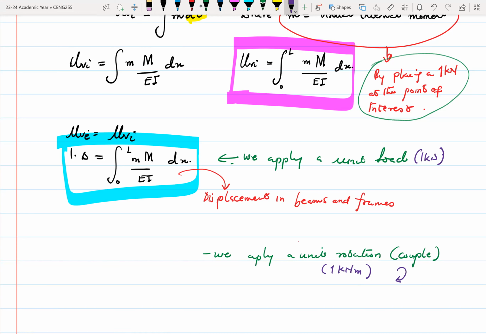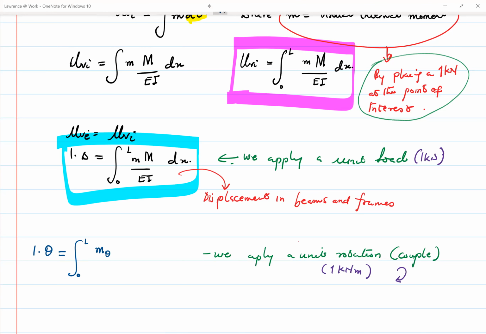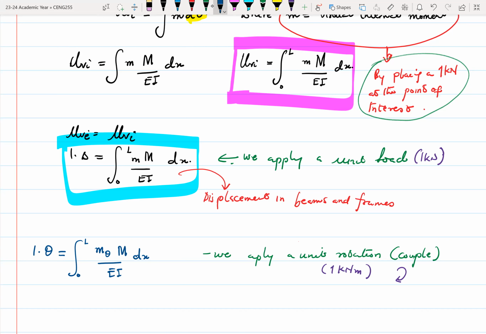So in that case, I can rewrite this equation whereby 1 times theta, where theta is the slope we want to find, will be equal to the integral from 0 to L of M theta, because this is the virtual internal moment we get from applying a 1 kilonewton meter couple at that point, times big M, the moment due to the real loads, divided by EI dx.